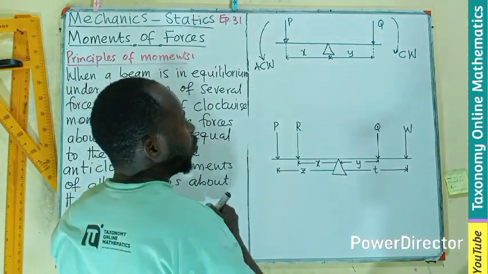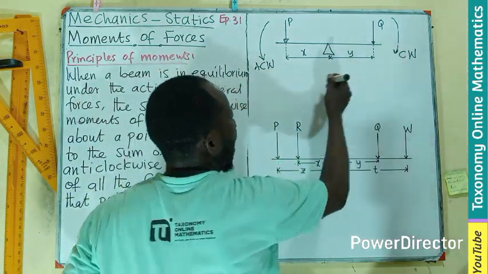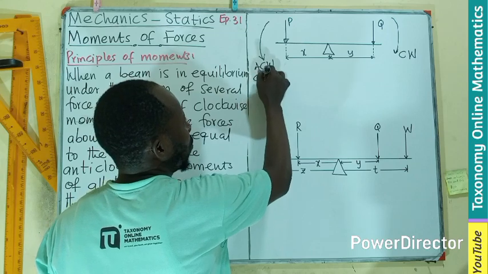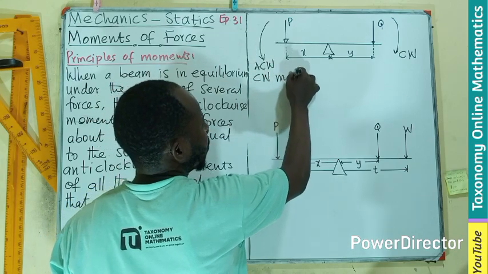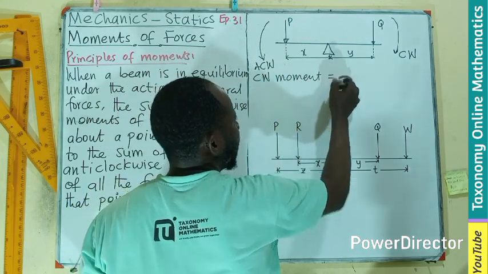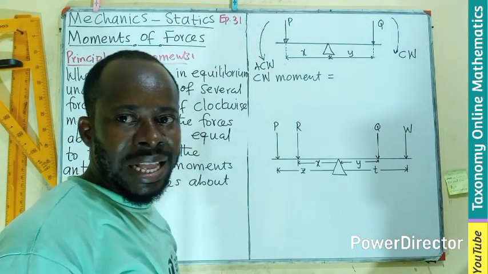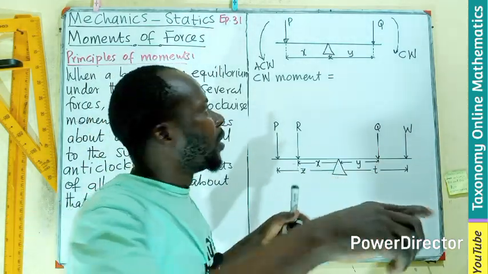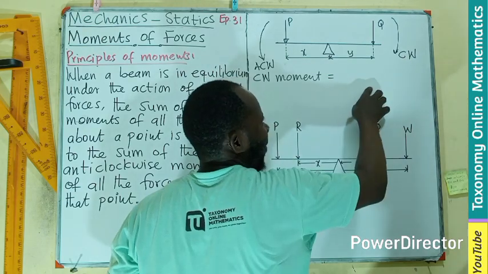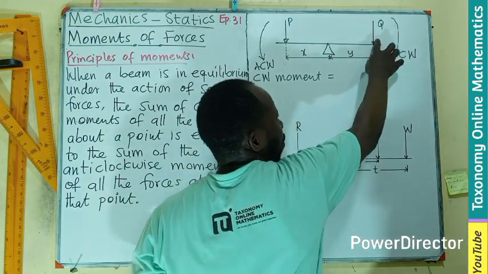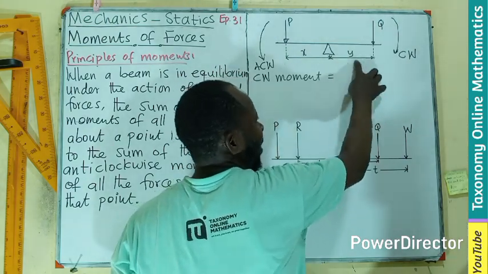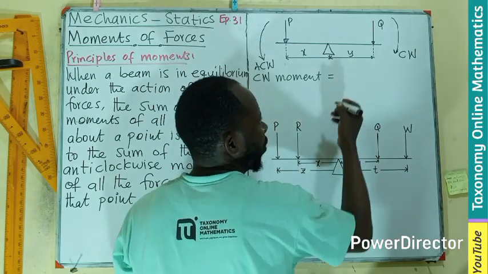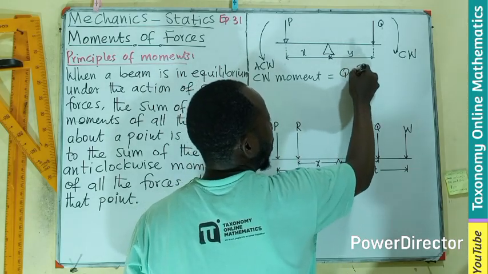So here, if I want to look at the clockwise movement, it is going to be the force that is applied times the perpendicular distance between them. What is the force in the clockwise direction? The force is Q. What is the distance? Perpendicular distance is the Y. So I should be having Q times Y.